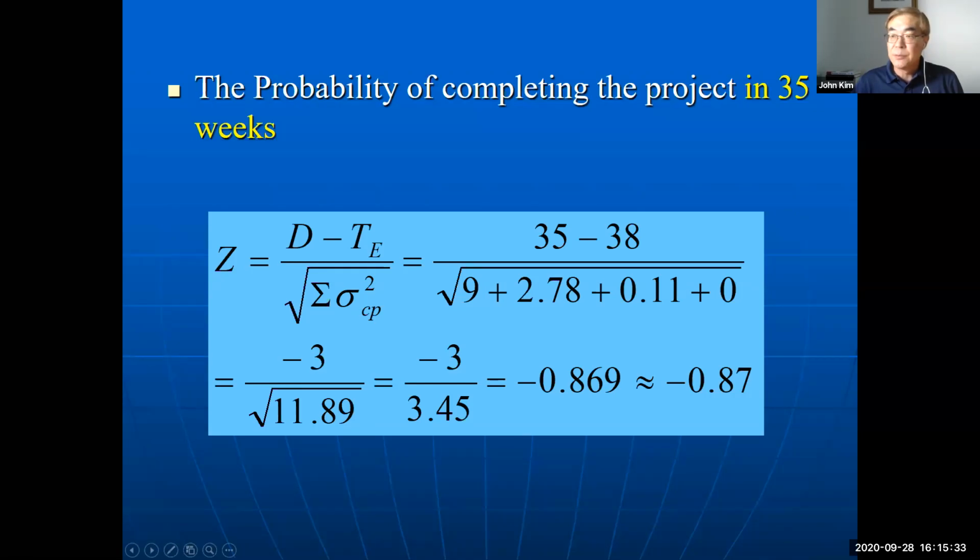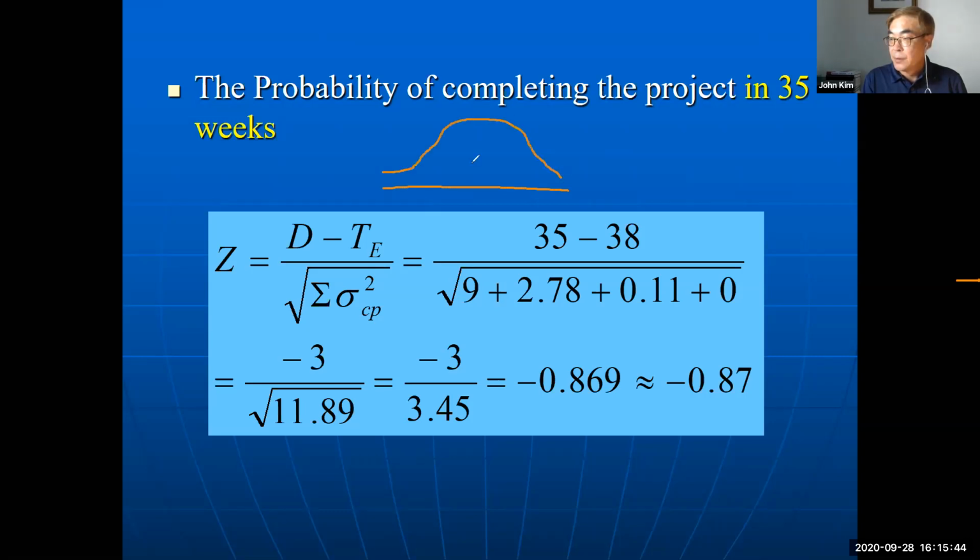Z-score means, on a normal distribution, the mean is 38, and then we need a boundary of 35.